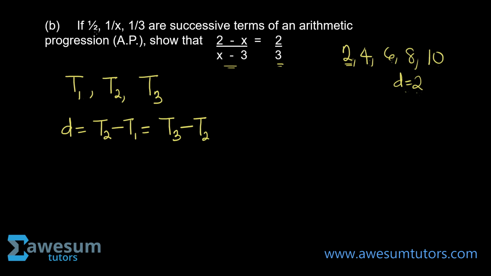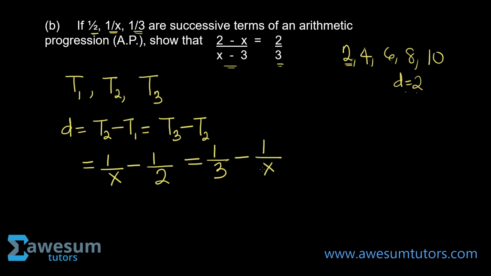Now, how do we go ahead to solve this? 1 over 2 is your first term, that's your T1. 1 over x is your T2. 1 over 3 is your T3. So let us use that approach right now. My T2 is 1 over x minus T1, which is 1 over 2, equals T3, which is 1 over 3, minus T2, which is 1 over x.